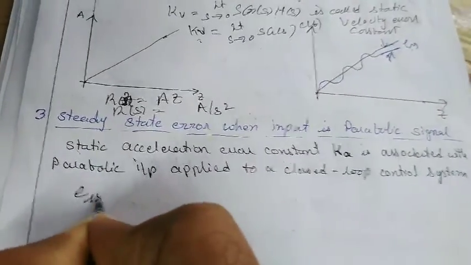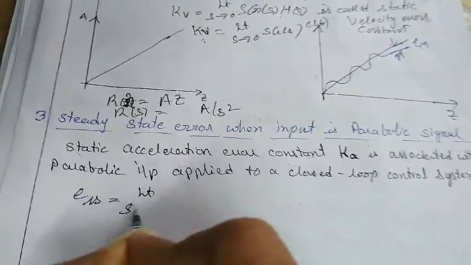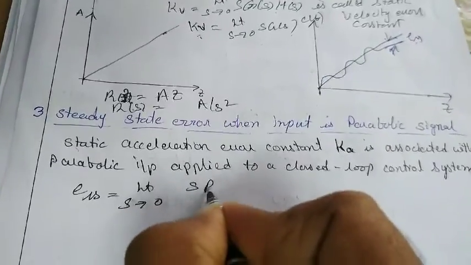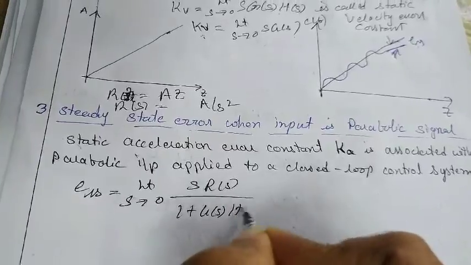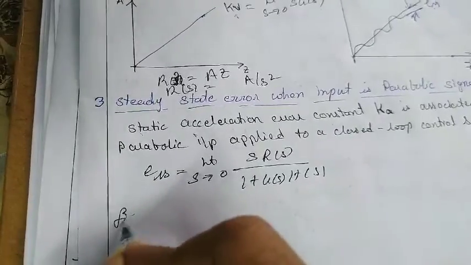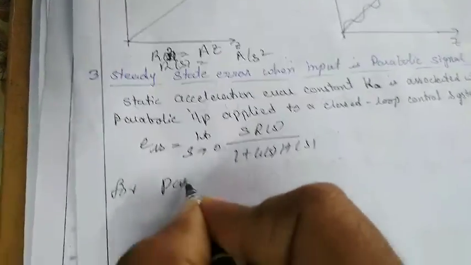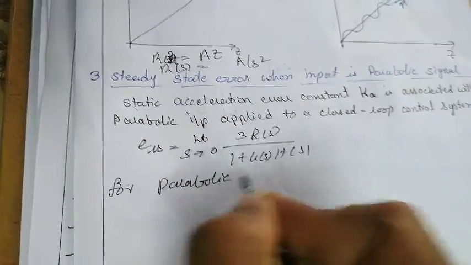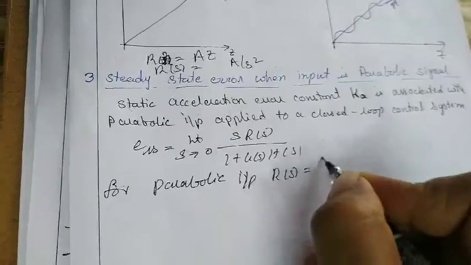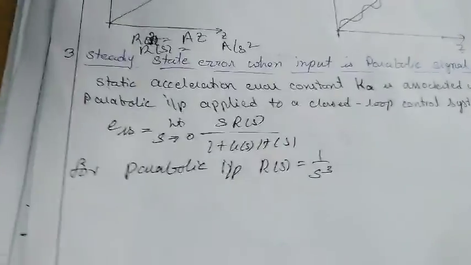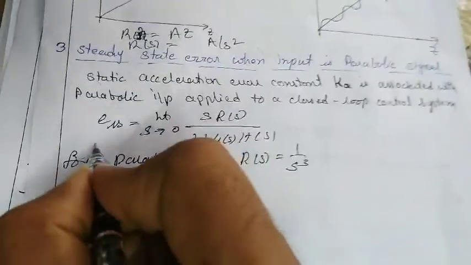As we know, ESS is equal to limit s tends to 0 of s into R(s) by 1 plus G(s)H(s). For parabolic input, R(s) is 1 by s cube for a unit parabolic input.